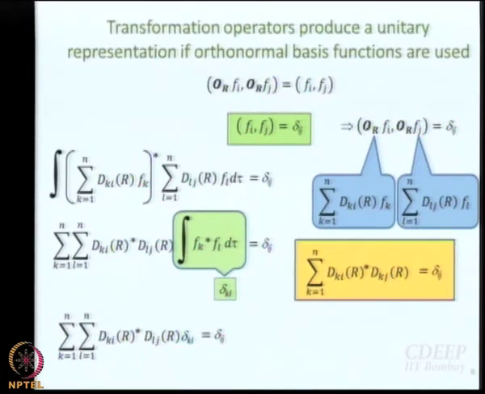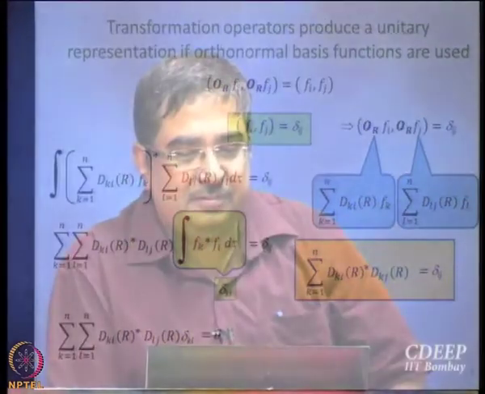What are these? These are matrix elements. Now, what we can do is put in explicit values, k equal to 1 to n, right. To start with, put k equal to 1. What do you have? d_1i R star d_1j R, right.